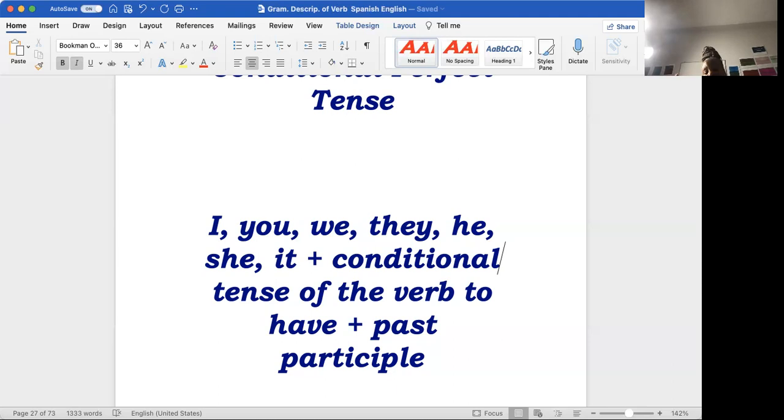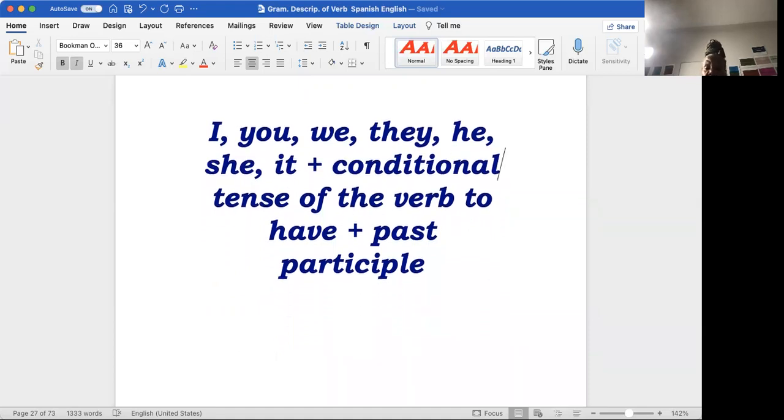I would even venture to say we use this conditional perfect more than we use the future perfect, at least consciously. Okay, so it's the conditional of the verb to have. These are very abstract tenses, but they're used. There's nothing to say that can't be used, and there's nothing to say that if it's a particular way of thinking, you can't start thinking like that.